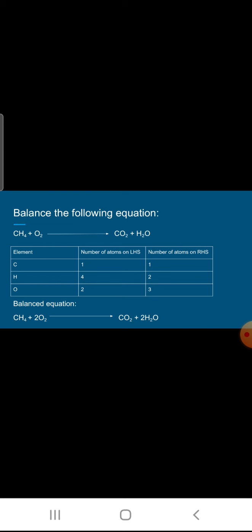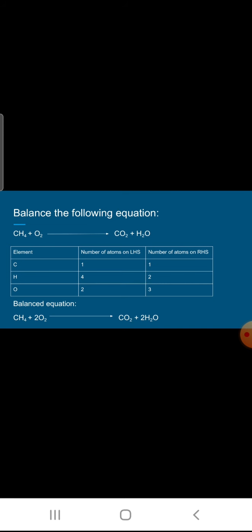Step 2, you need to check the number of carbon, hydrogen and oxygen. Here see, only these three elements are present, carbon, hydrogen and oxygen, and their respective numbers of atoms on the two sides of the equation are given in the table.